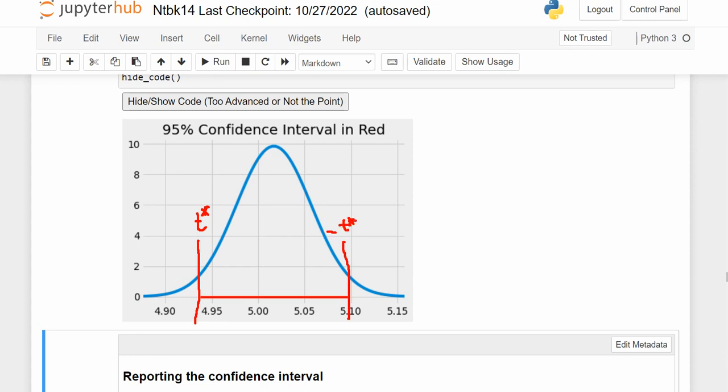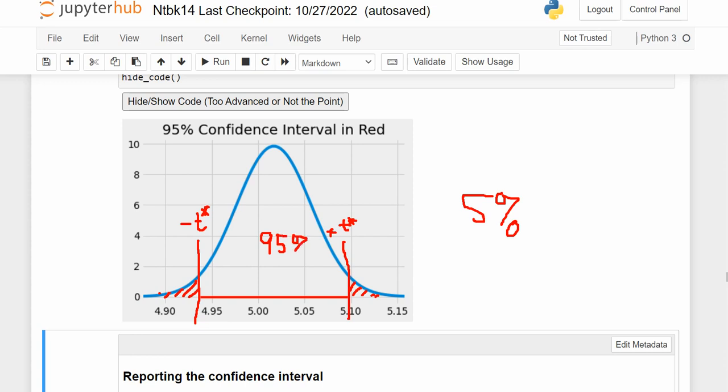Oh, wait, I'm sorry, this is negative T star over here, and this is positive T star. If we shade to the right of positive T star, the total amount shaded will be 5%. So what we're capturing in here is the middle 95% of this bell.